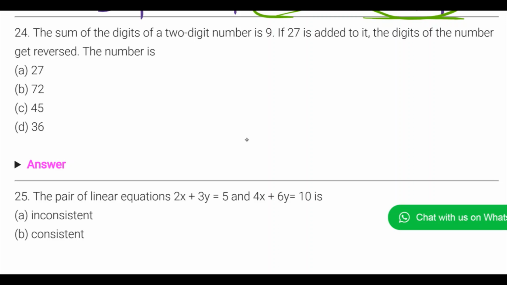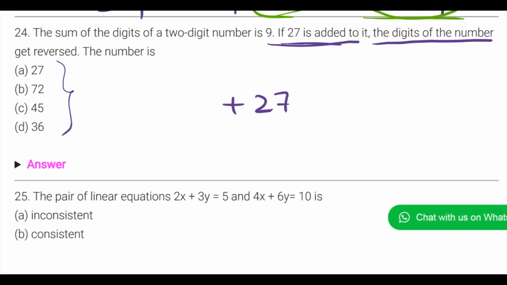In the options, the sum of all the digits is 9. So 2 plus 7 is 9, 7 plus 2, 4 plus 5, and 3 plus 6. But if 27 is added to it, the digits of the number get reversed.